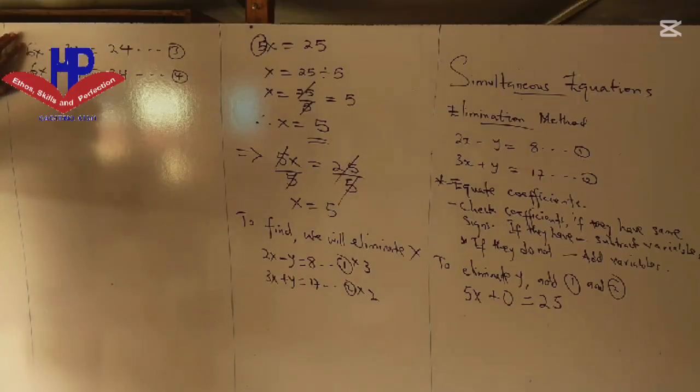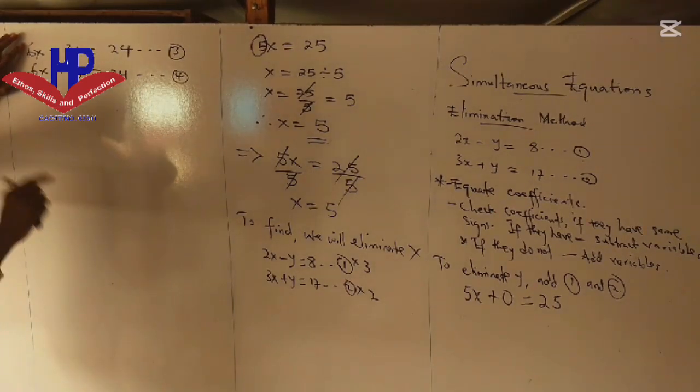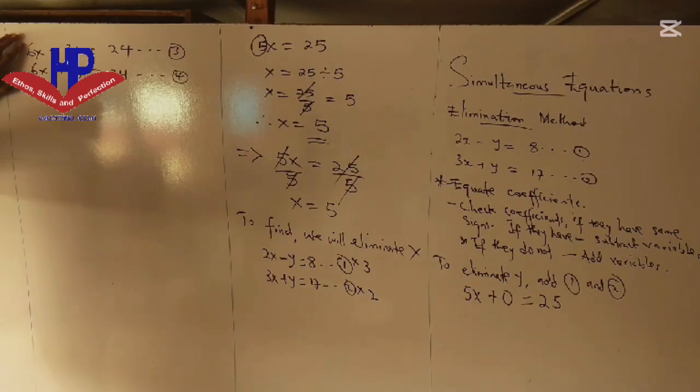And I've stated clearly initially that if they have the same coefficient, we should subtract the equations. You should be very mindful of your use of integers, because if you're subtracting, the minus sign will affect every variable in that equation it is attached to.